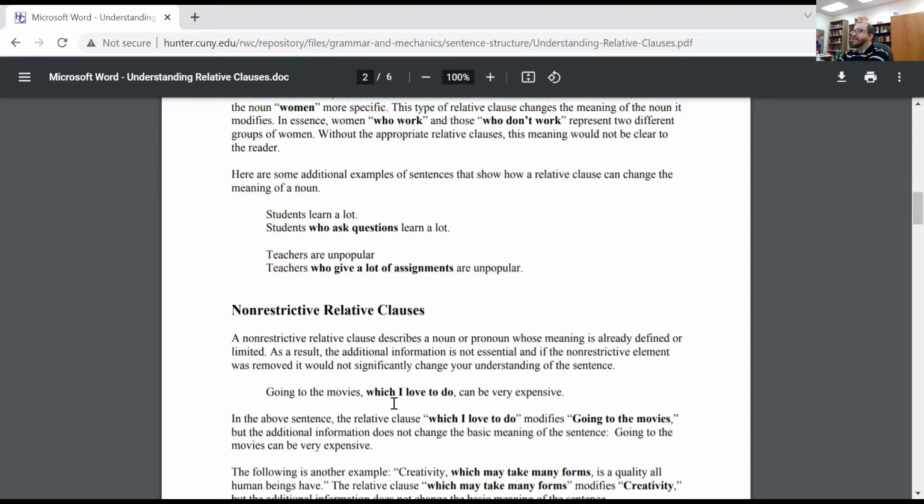Going to the movies can be very expensive. Sentence still makes sense that way. So that's why you put commas around it in this case. Going to the movies, comma, which I love to do, comma, can be very expensive. If you cut that which I love to do out, it still makes sense. So you use a comma in this case.